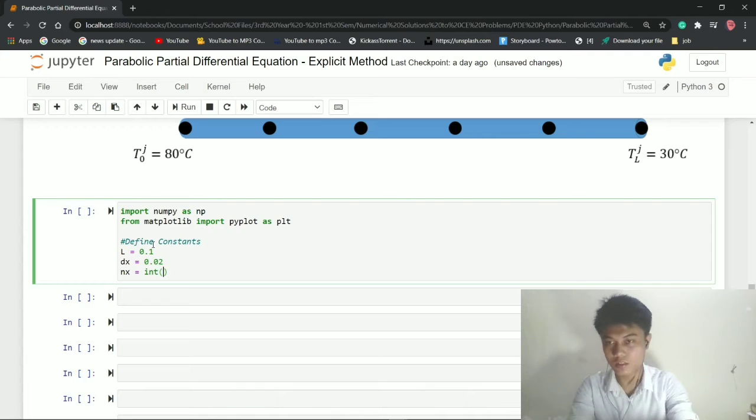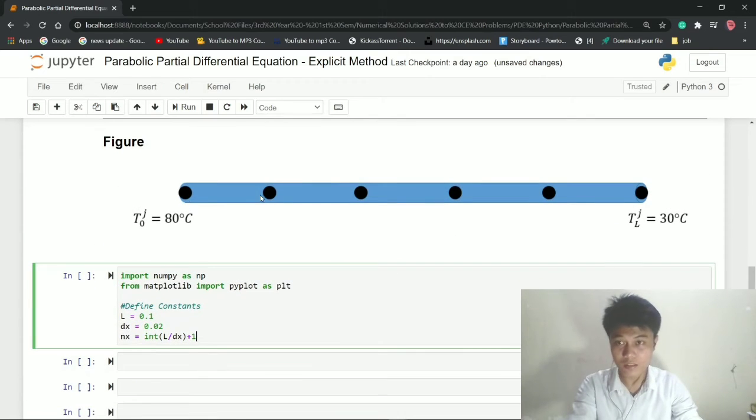Now, this is an integer para baka mamaya si Python float yung masagot niya, kaya maglagay ako ng integer dito. Kasi magdi-divide tayo ng L divided by dx para makuha natin kung ilang nodes, plus 1. Now, why plus 1?